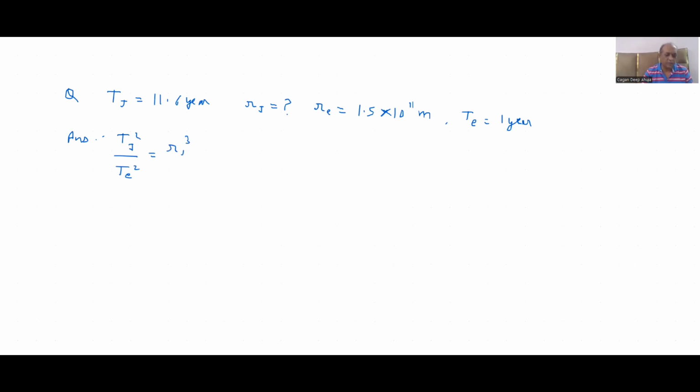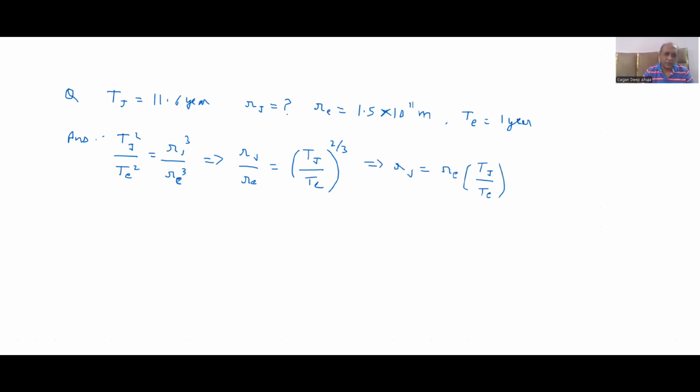Which implies that Rj divided by Re will be equal to Tj divided by Te raised to the power 2 by 3. Or you can say that the distance of Jupiter will be equal to Re, the distance of Earth, into Tj by Te raised to the power 2 by 3.